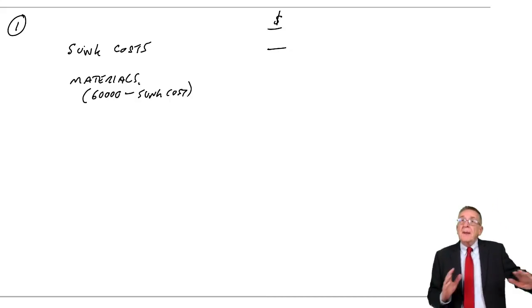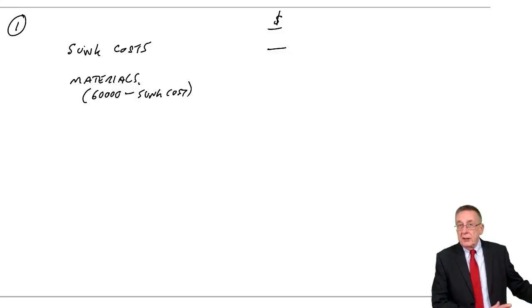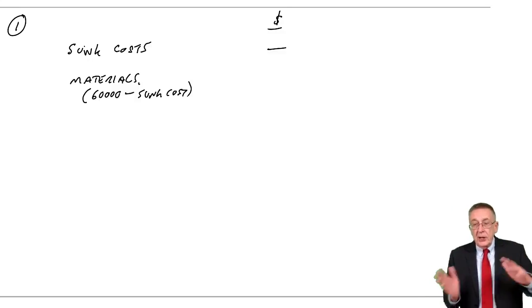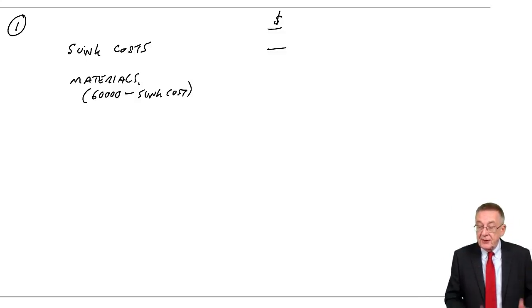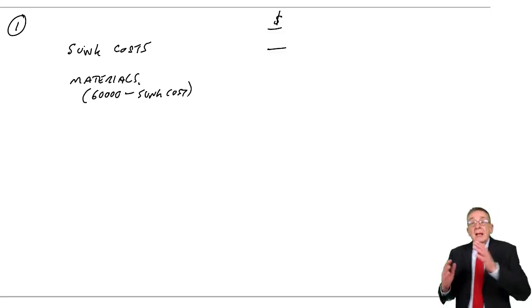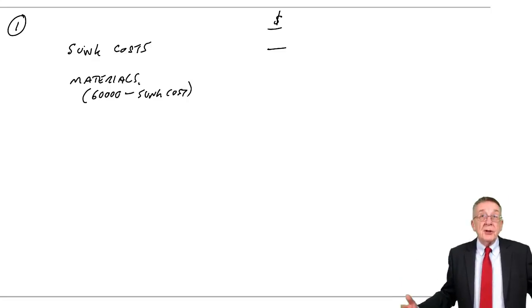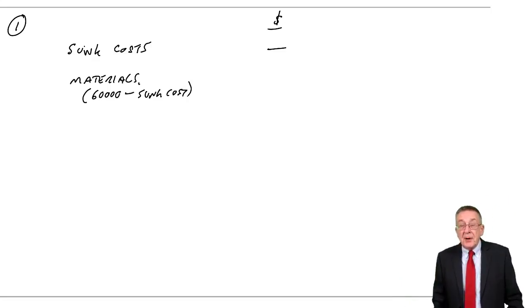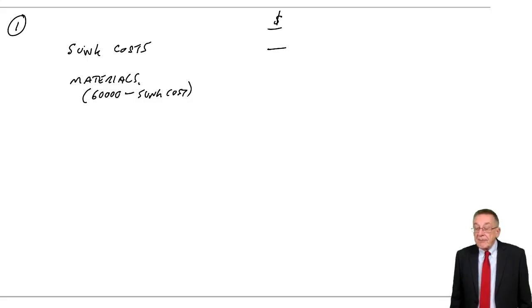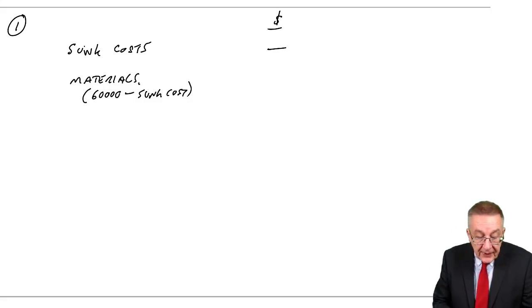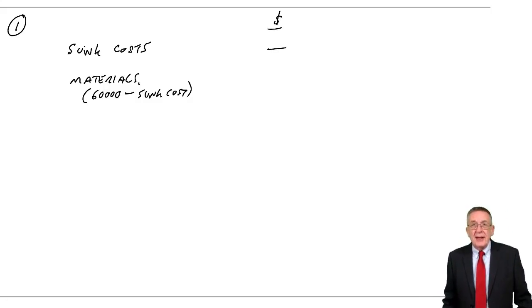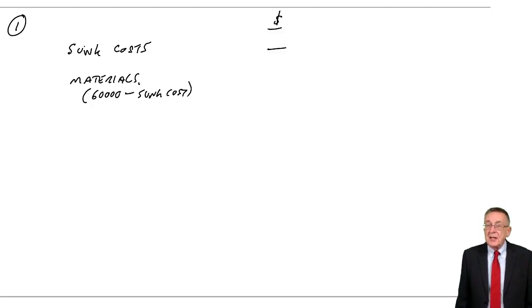I've already said the cost of buying the materials is gone. Carry on or don't carry on, we've spent 60,000. It's irrelevant. Continue with the project and we use the materials, there's no extra cost, but stop the project and we'll have to spend 5,000 in order to get rid of them.